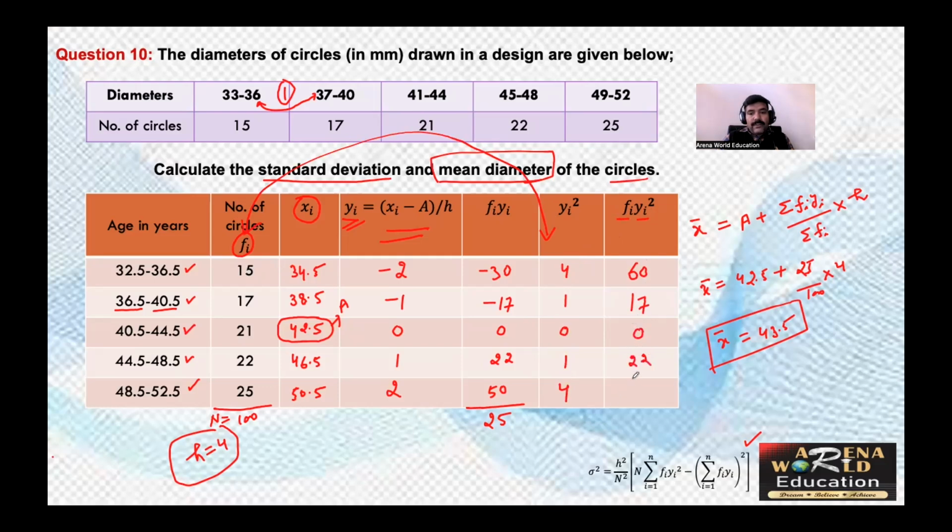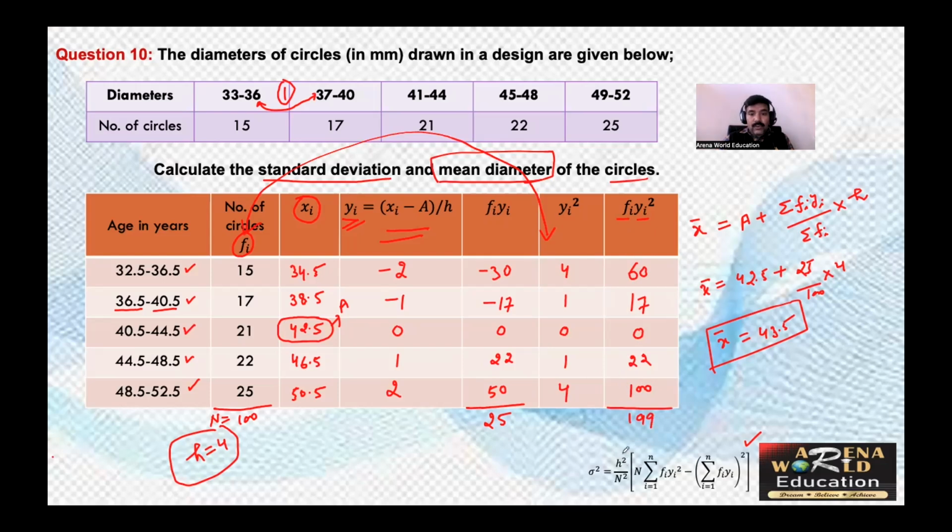And 25 into 4 will be equal to 100, right? Now to apply this formula, we need the sum of all these values. So this will be summation Fi Yi square, and this will be equal to 199.